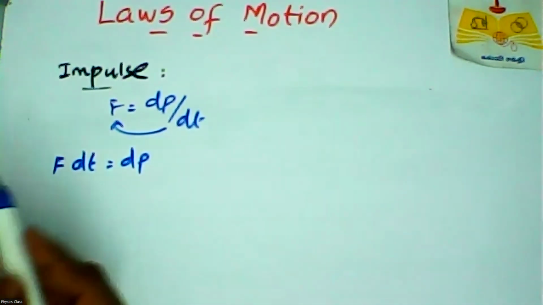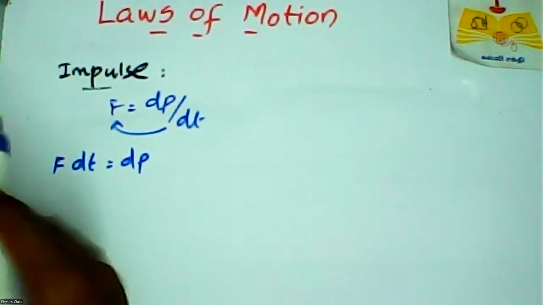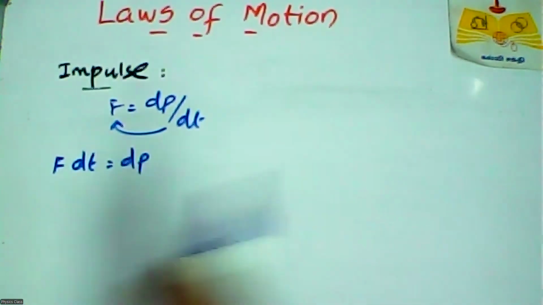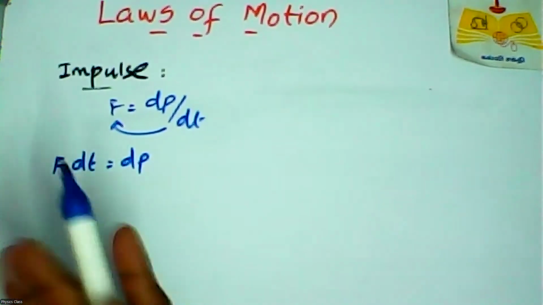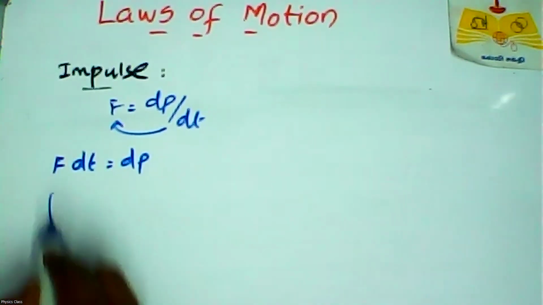We can integrate over the time interval, because before collision there is some time and after collision some time, so time changes. So integrating over the initial time and final time, we have to integrate this.